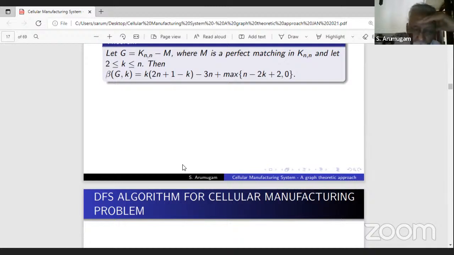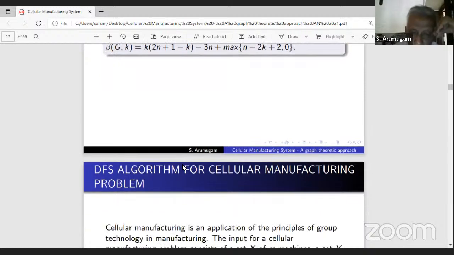Now let us try to come to an algorithm for solving the cellular manufacturing problem. Initially, I am going to break it into 2 cells. Afterwards, I can repeat and have more cells. My initial algorithm will split the graph into 2 cells.